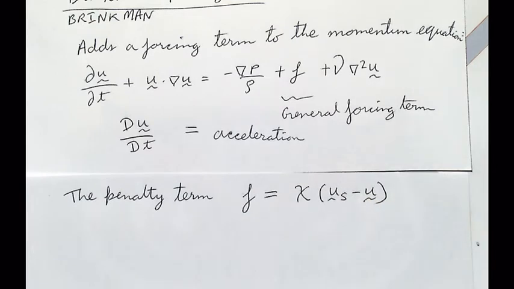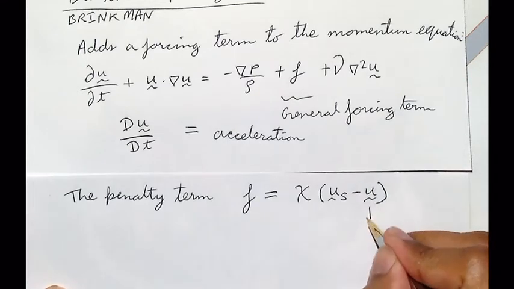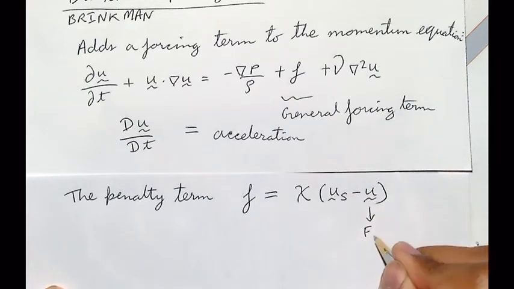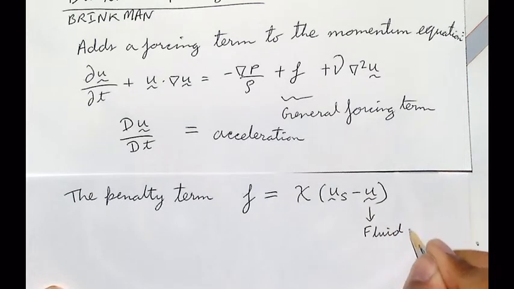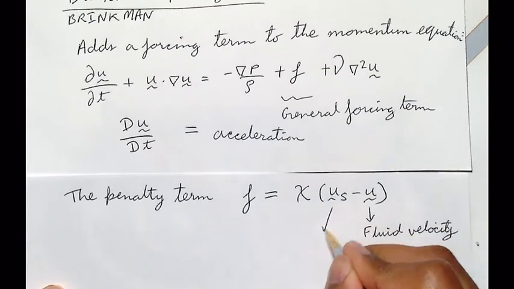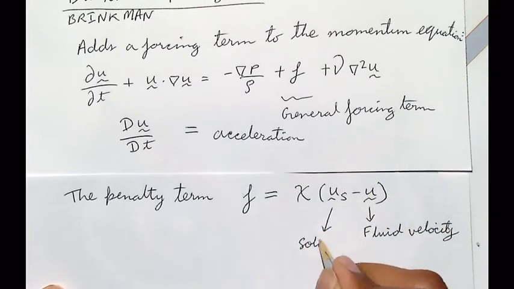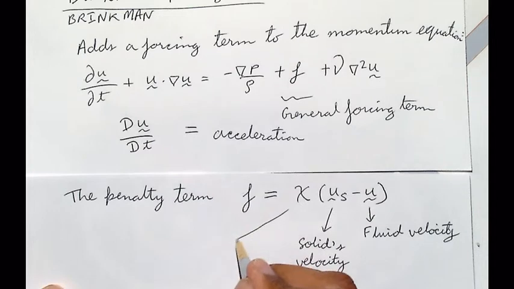What are these chi, U_s and U? U is basically the fluid velocity. U_s is the solid velocity. And chi is called the characteristic function.